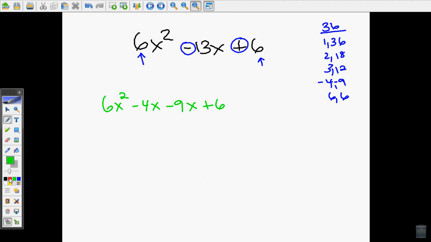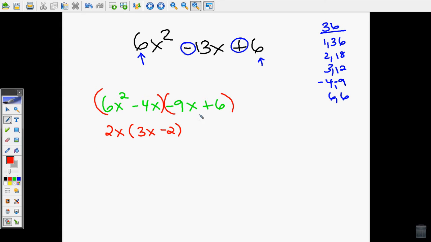I put parentheses around the first and second term and around the third and fourth term. Now I want to pull out the greatest common factors. The greatest common factor of 6x squared and 4x is going to be 2x, so I have 2x times 3x minus 2.